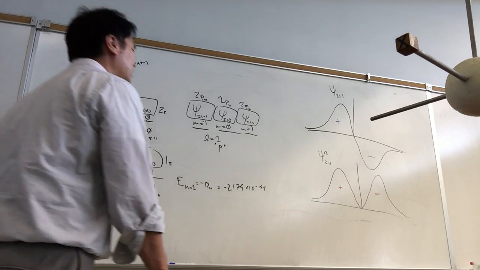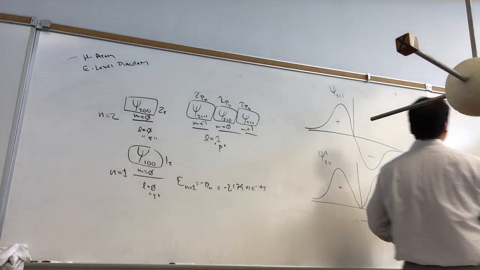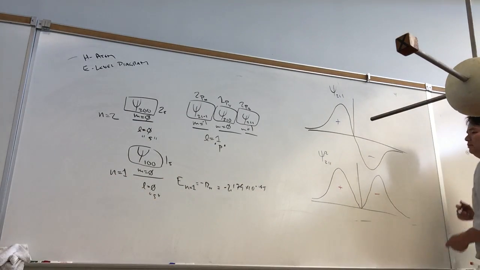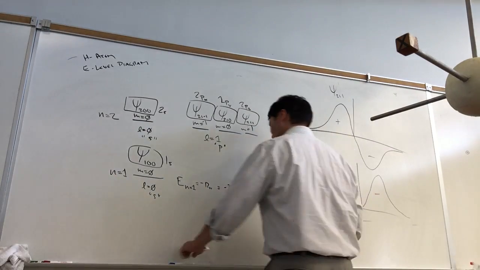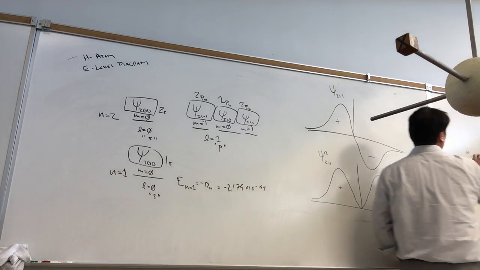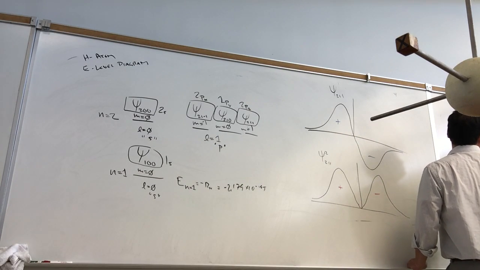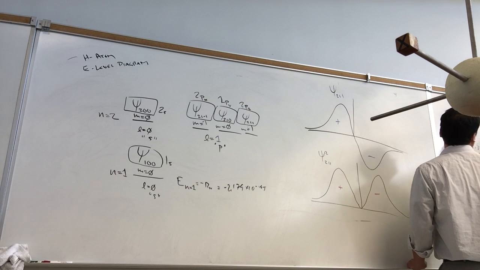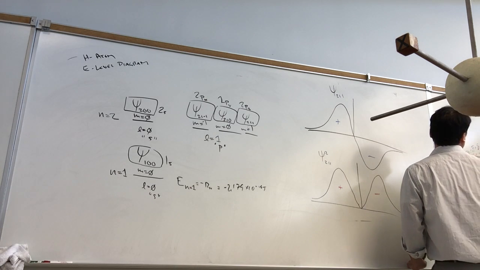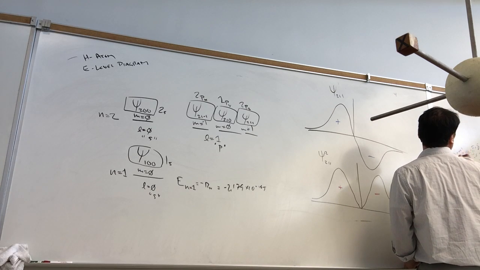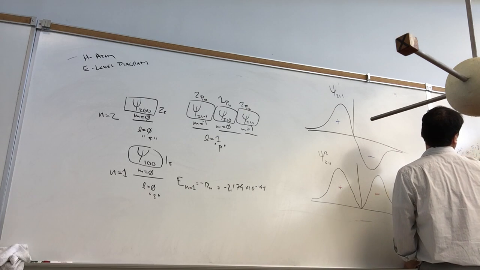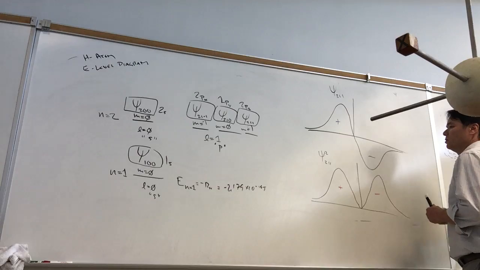So if we were to look at an electron cloud, we'll have what we call a lobe here on one side, and a lobe here on the other side. So it has this shape. Two lobes.